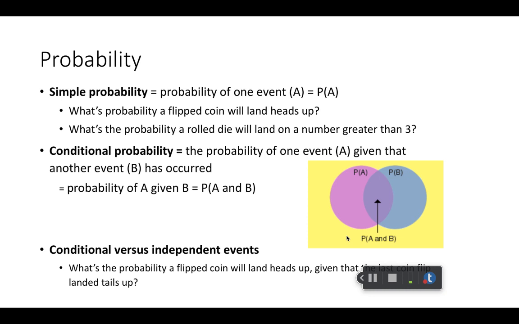So flipped coins are independent events. But if you're rolling 2 dice and you're asking what's the probability of getting a total of 12, then the result is conditional on getting a 6 for one die and a 6 on the other. So here the question is, do the events really depend on each other or not?